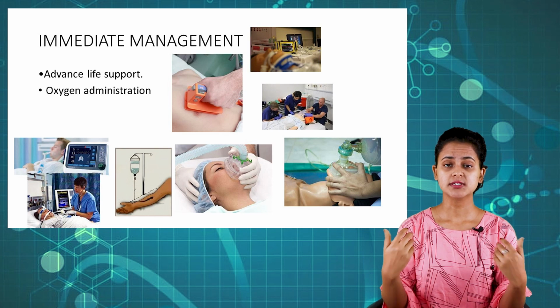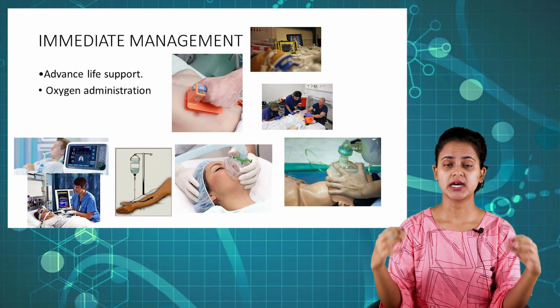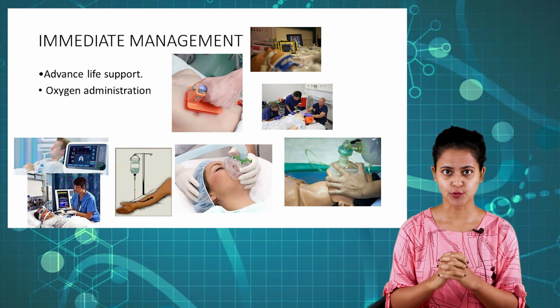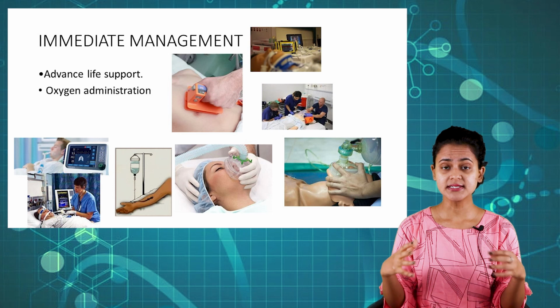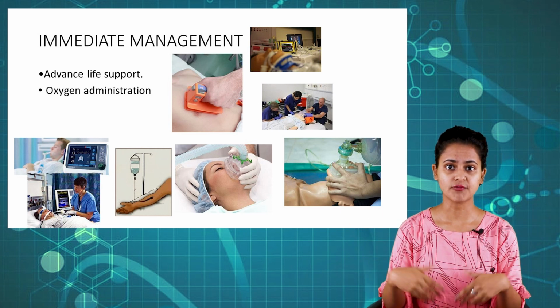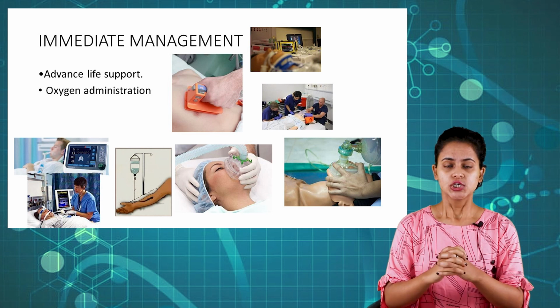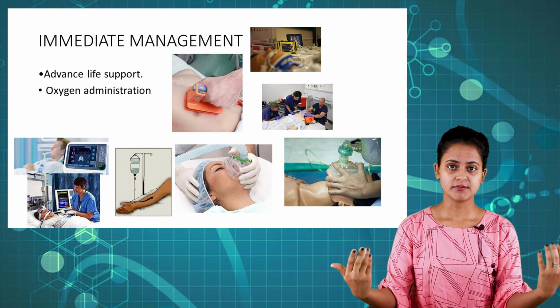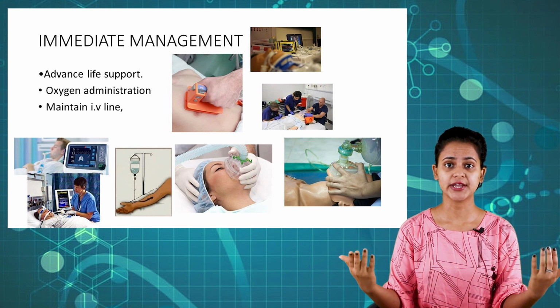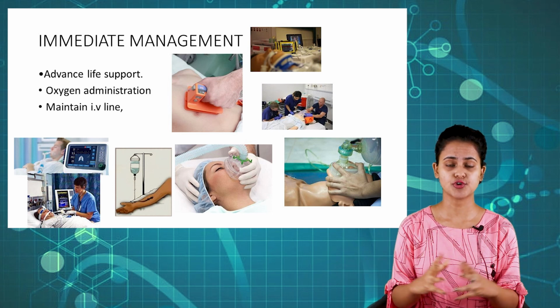Next, oxygen administration should be done if the client has a lower saturation of oxygen in their body. Oxygen administration makes sure that the client does not go into a further hypoxic state. Once oxygen administration has been done, maintenance of the intravenous line should be ensured by a nurse.